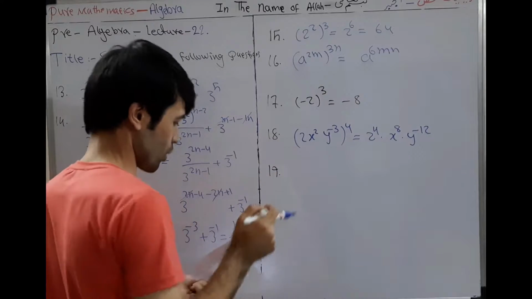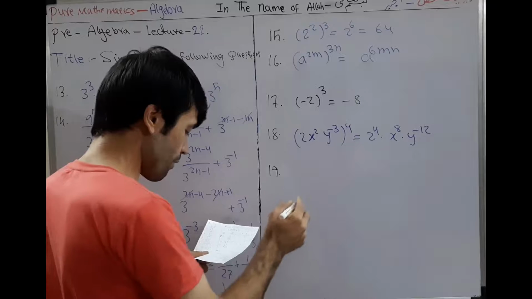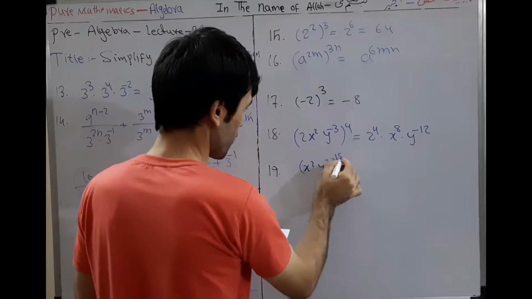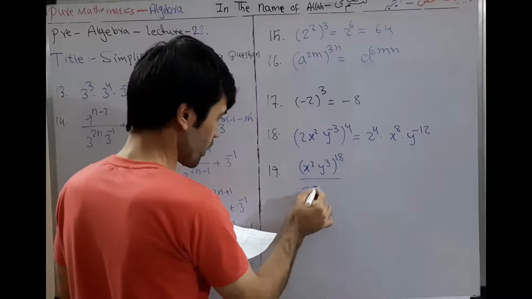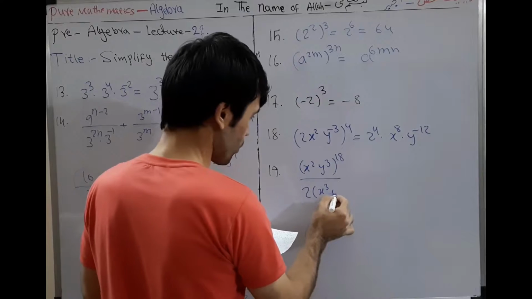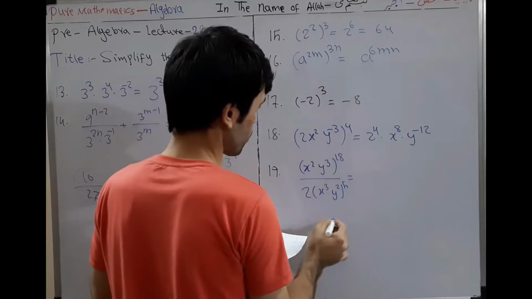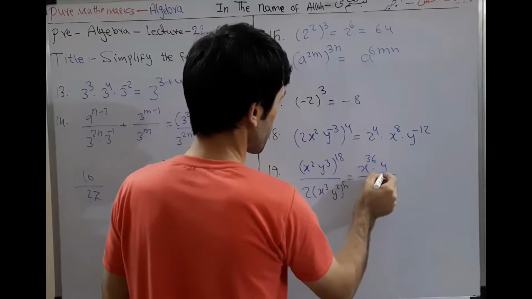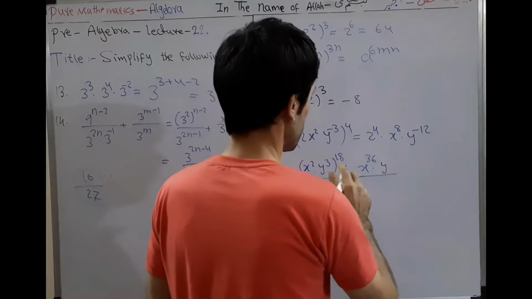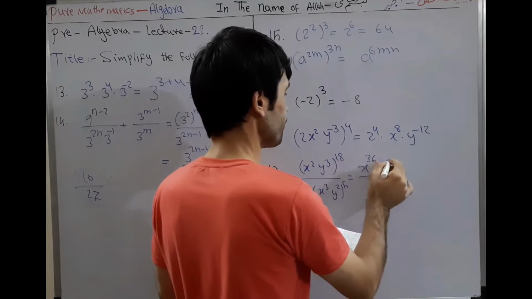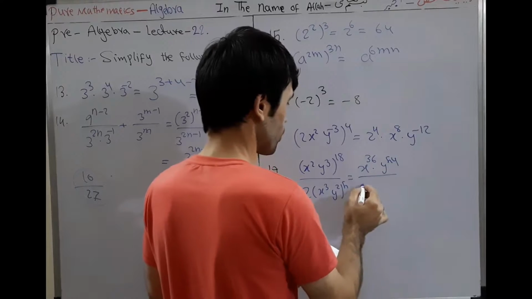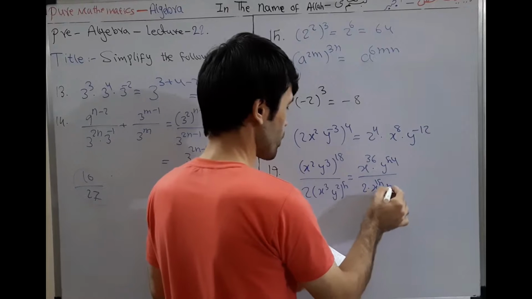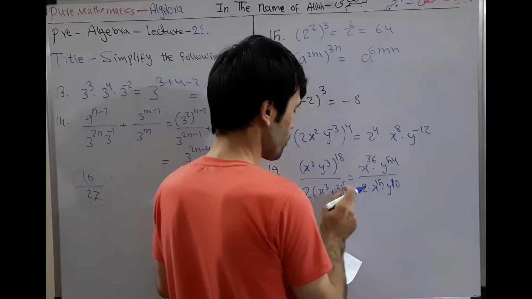Question 19. We have (x to the power 2, y to the power 3) whole to the power 18 over 2 into (x to the power 3, y to the power 2) whole to the power 5, it is equal to x to the power 2 multiplied by 18, 36, into y to the power 3 multiplied by 18, 54, over 2 into x to the power 3 multiplied by 5, 15, into y to the power 2 multiplied by 5, 10.